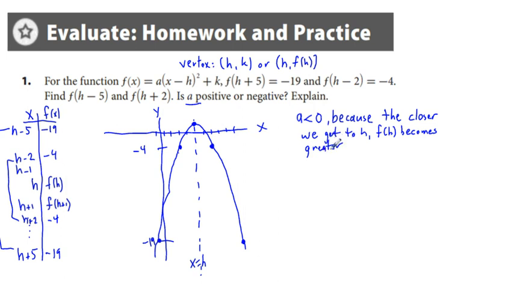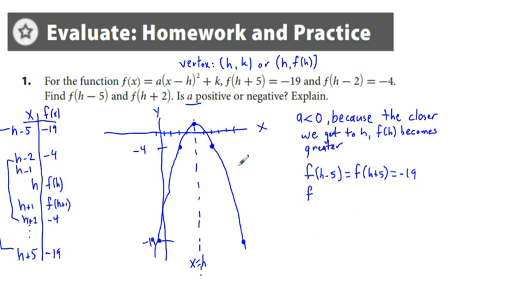Okay, next, find f of h minus 5. Well, f of h minus 5 is going to be the same as f of h plus 5, and that's going to be equal to negative 19.